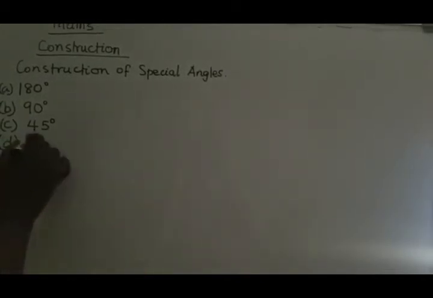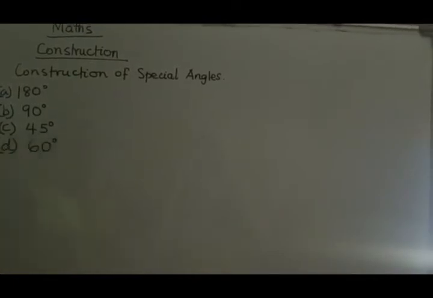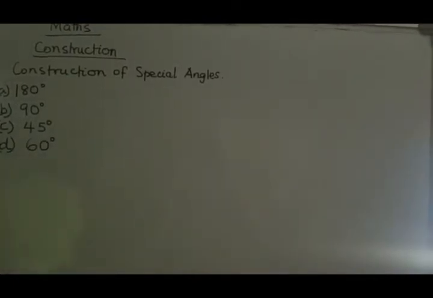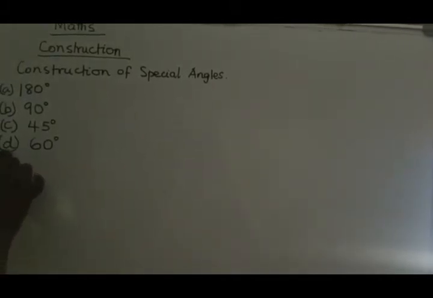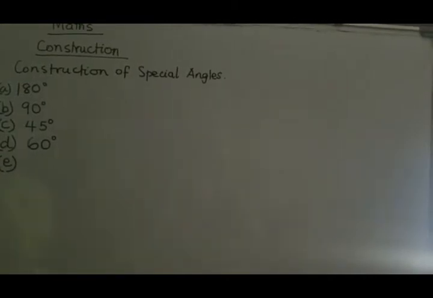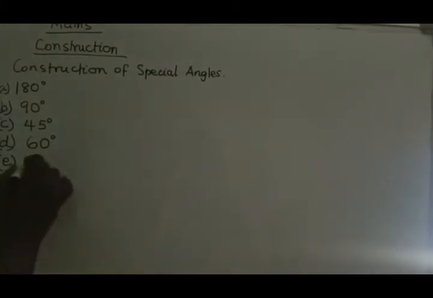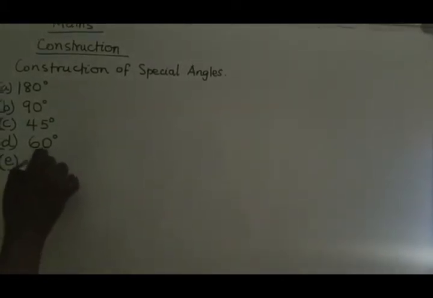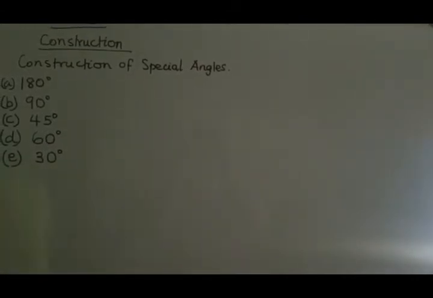So definitely 60 degrees is also one of the special angles. And then we can also bisect 60 degrees. If we bisect 60 degrees, what am I going to get? That is 60 divided by 2. That is 30 degrees. So which means 30 degrees can also be constructed.